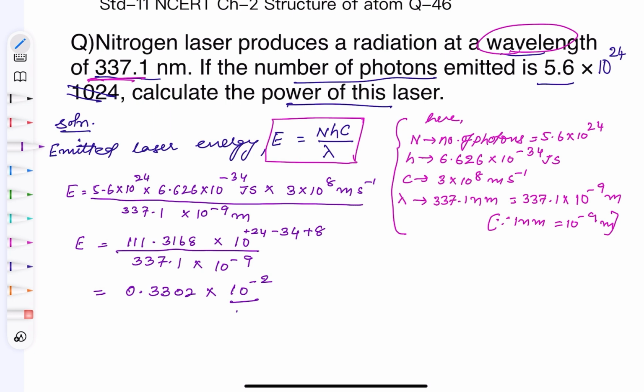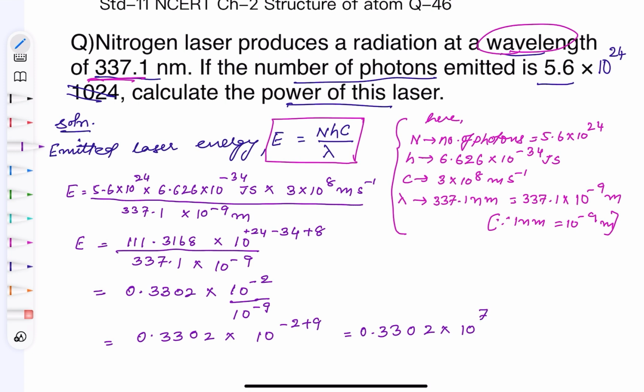In the denominator you are left with 10 to the power of minus 9. When you bring that to the numerator, it becomes 10 to the power of minus 2 plus 9. So the answer you get is 0.3302 into 10 to the power of 7.